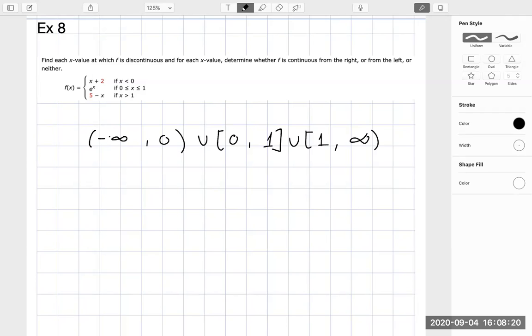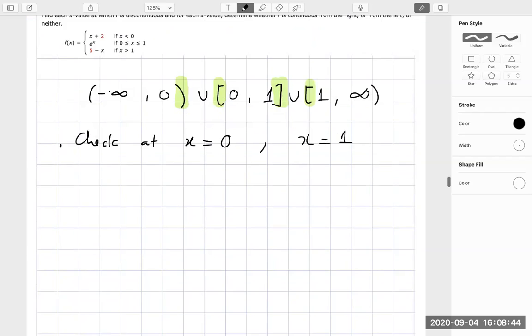Be careful with the parentheses and brackets here. So we need to check at x is equal to 0 and x is equal to 1. And that's it. It will be similar.